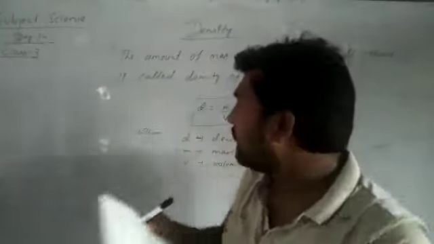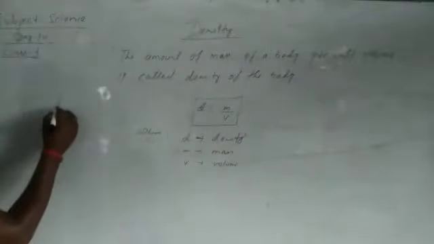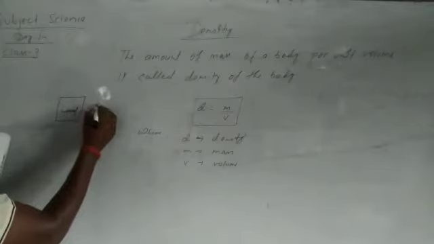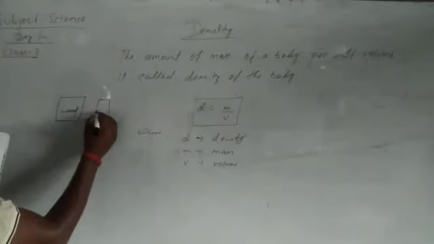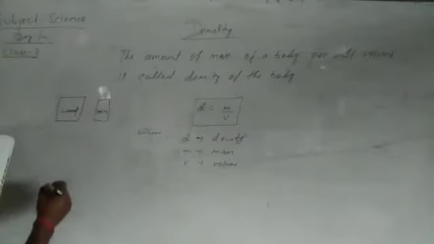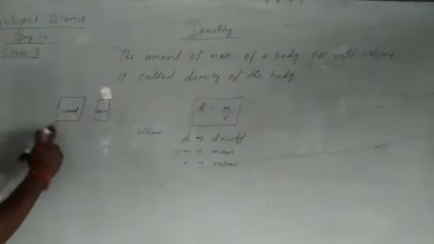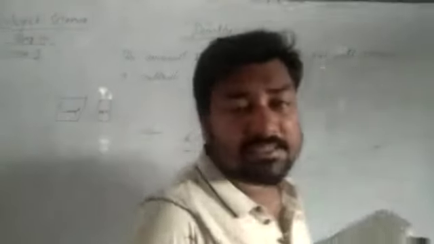Suppose this is wood and this is iron. The density of wood is less, so it is less heavy. The density of iron is more, so it is heavier.